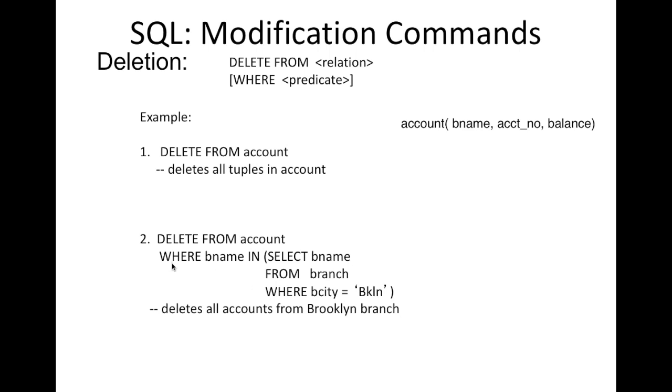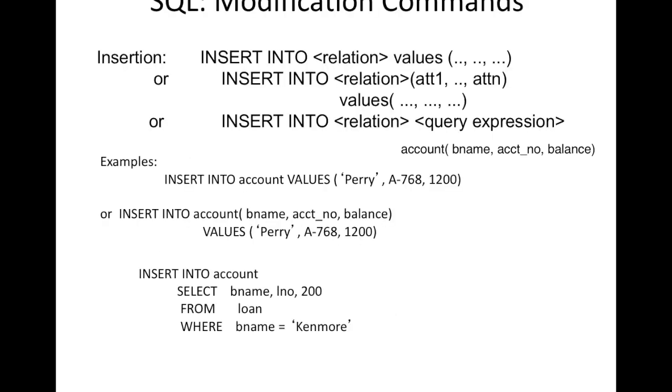So an option is to use where and in, and in this case you can have another query inside the delete where clause, that refers to another table which is branch, and we selected bcity equals Brooklyn. A little bit advanced at this point.